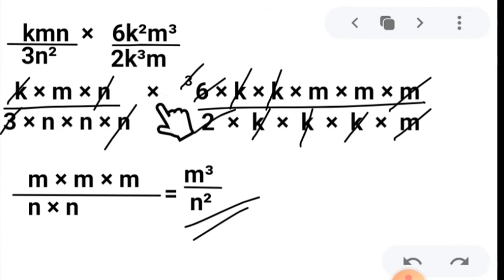So we have m and m remaining. Now 6 divided by 2 gave us 3, and 3 divided by 3 is 1. So 3 has cancelled out itself. So our remaining variables are m, and m, which is m raised to the power 3, and n, which is n raised to the power 2. So the answer is m raised to the power 3 all over n raised to the power 2.